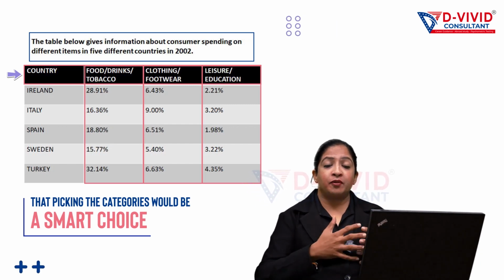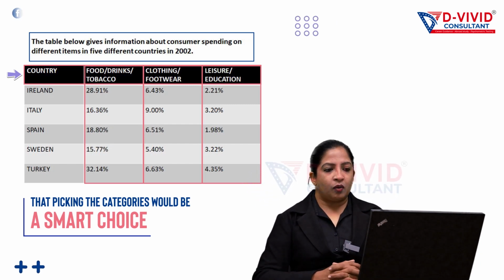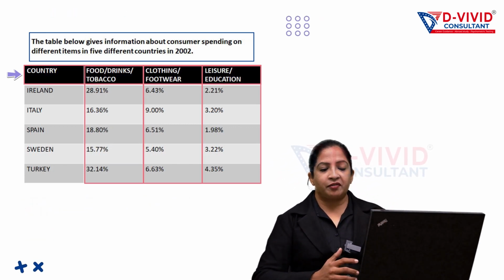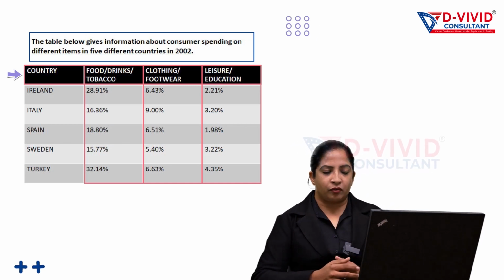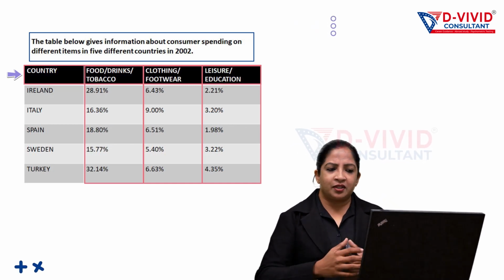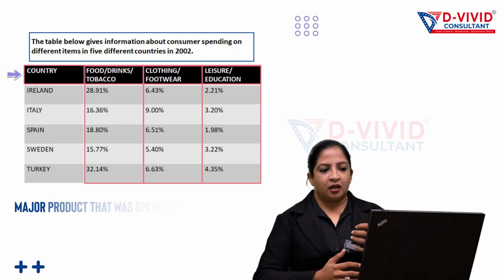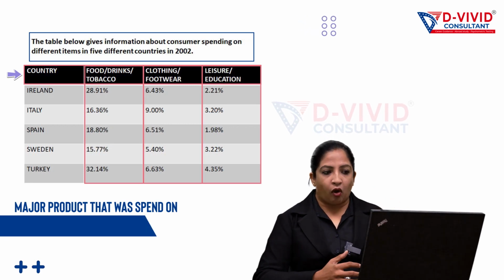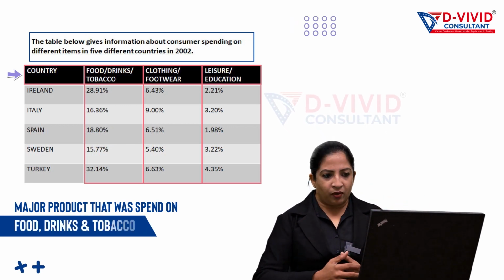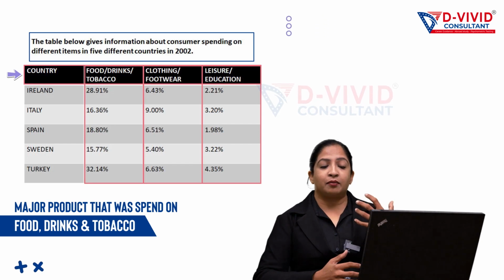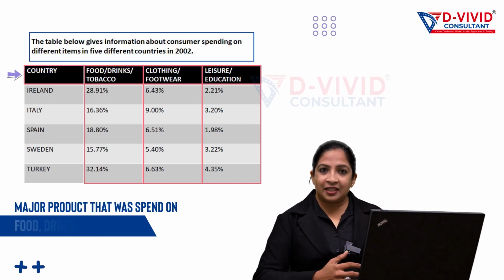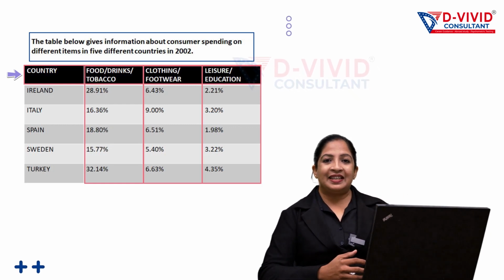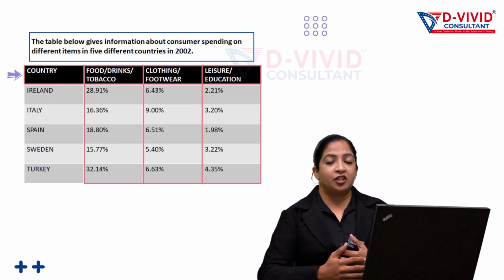Before that I forgot, how are we going to give the overall? What kind of information can we write in the overall? Of course, a simple thing that we just said: the major product spent on was food, drinks and tobacco, and the category that was given the least importance was leisure and education.